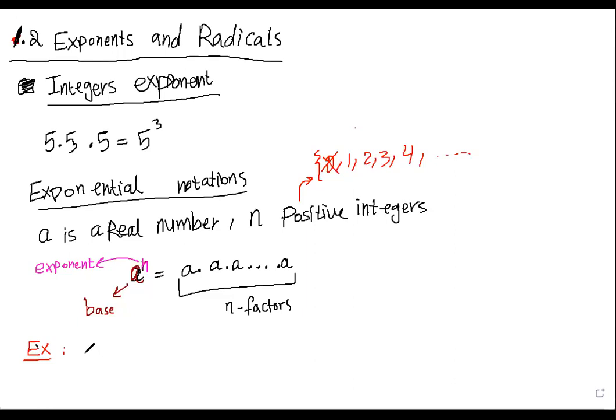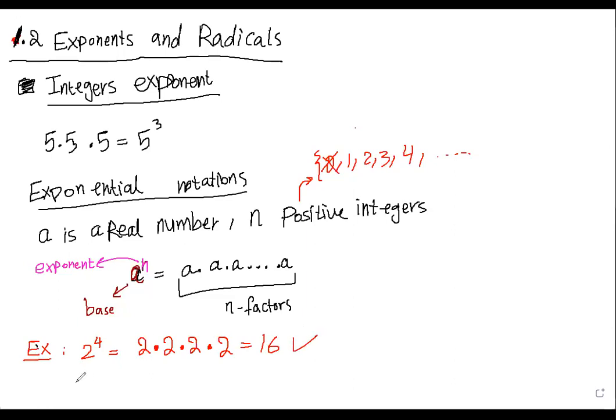Last time I gave this example: what is 2 to the power 4? How can I expand this? 2 times 2 times 2 times 2, and the answer is 16.